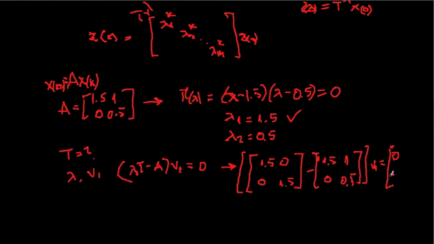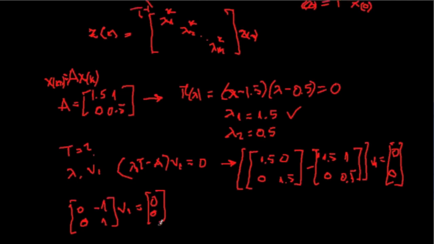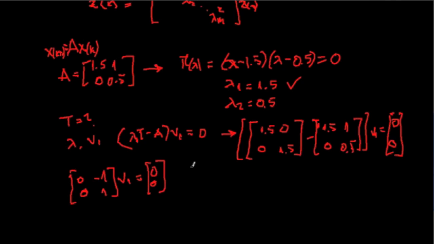So what is that vector v1 that is associated with lambda 1? Let us find out. When we subtract 1.5 by 1.5, we obtain the following expression: 0, minus 1, 0, 1, multiplied by v1, equals 0, 0. So this v1 is a 2 by 1 vector. In other words, v1 has two entries, let's say v1 hat and v2 hat.